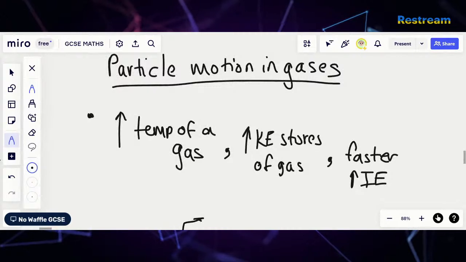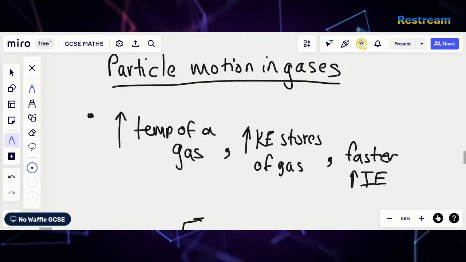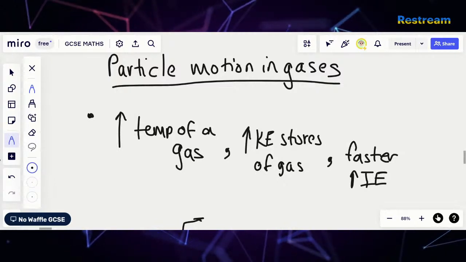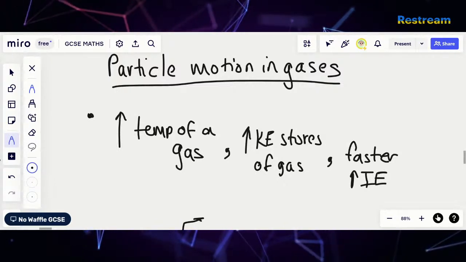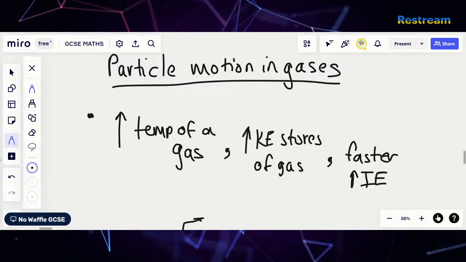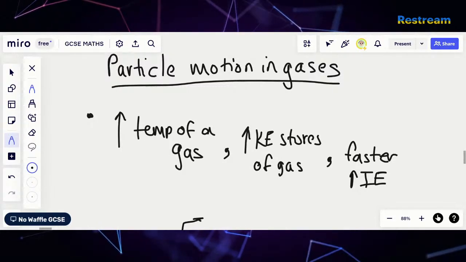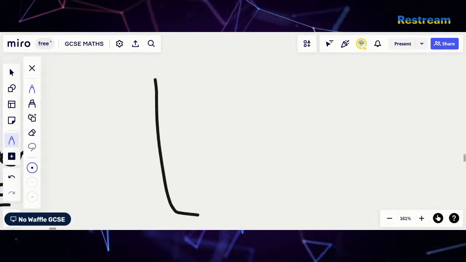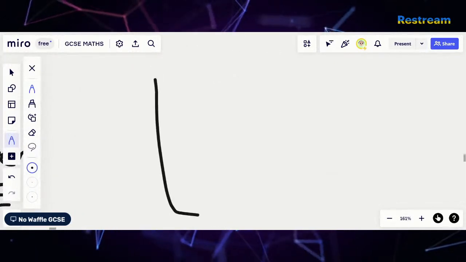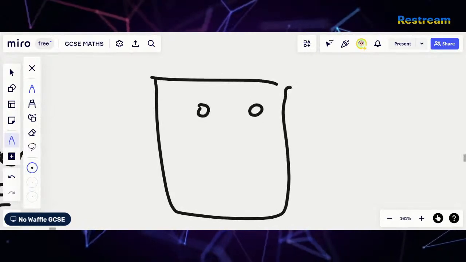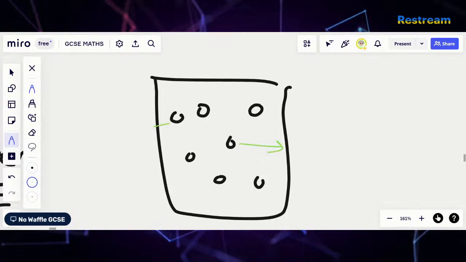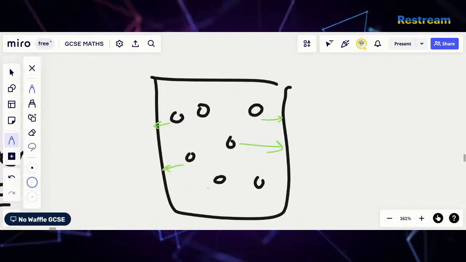As gas particles move about at high speeds, they bang into each other and whatever else happens to get in the way. When they collide into something, they exert a force. So imagine in a sealed container we have gas particles colliding with the wall, exerting their energy as a force.